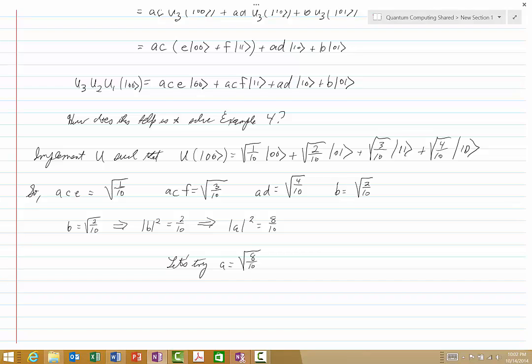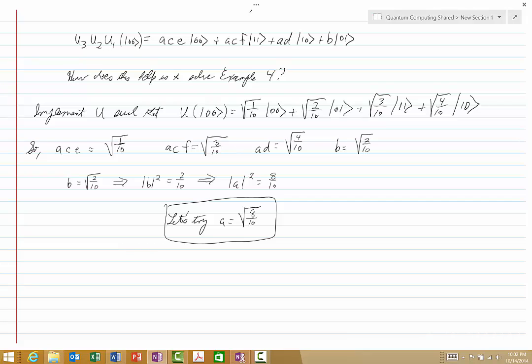We could have some phase term involved that is not equal to 1, but let's give this a try to keep it as simple as possible. And in fact, in all of these coefficients, we're going to try for positive real coefficients, and I think that we'll find out that this will work. So we're going to try a equals square root of 8/10.